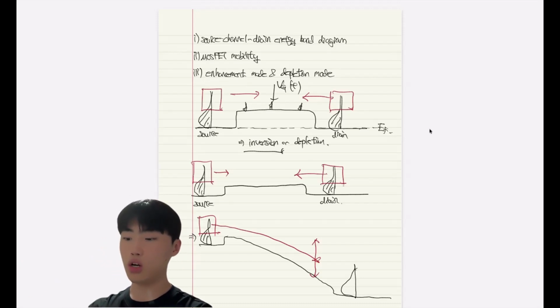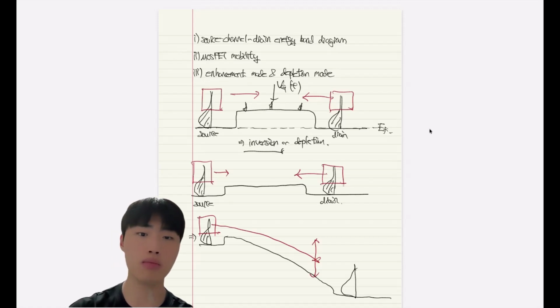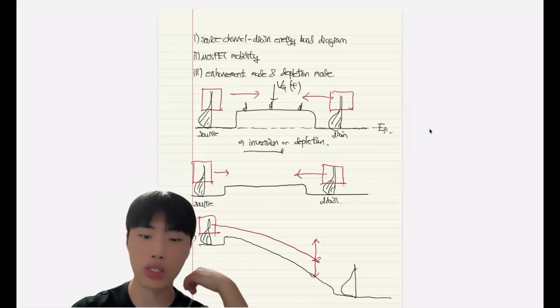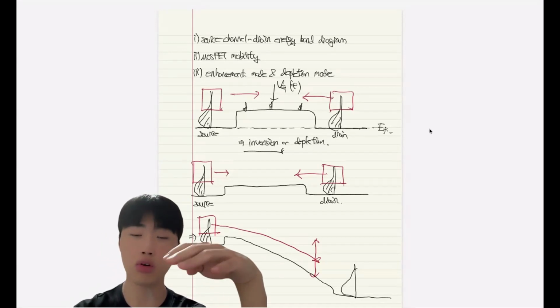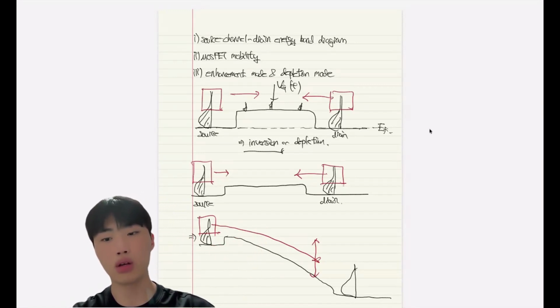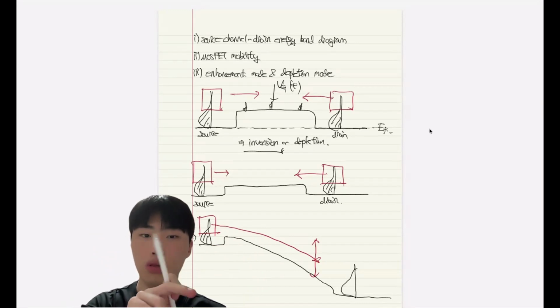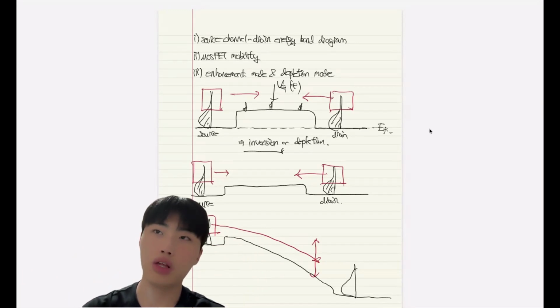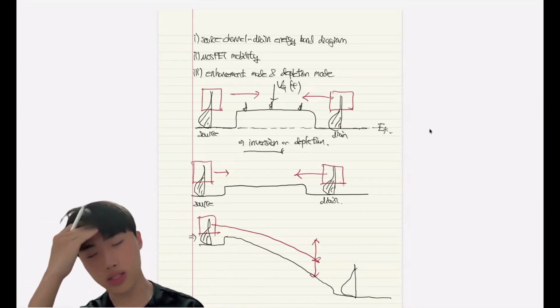So this was the source, channel, and drain energy band diagram. It is not different from what I mentioned before. We have to have some gate bias because we have to lower the barrier, so the Boltzmann tail will feel less barrier on the sides.